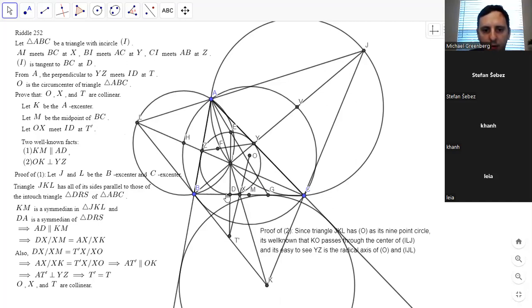If you look at triangle D, G, G prime, K is the midpoint of G, G prime, and M is the midpoint of this, that's well known. So MK is parallel to DG prime, and those are collinear. So this first fact can be proved pretty simply without needing J and L.